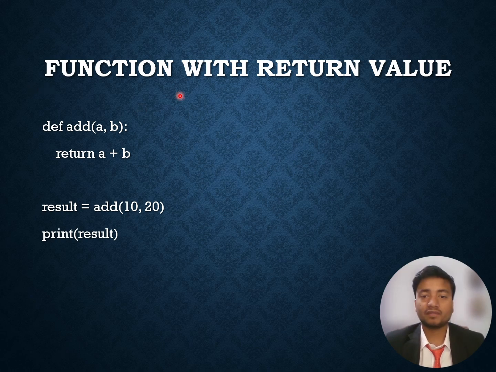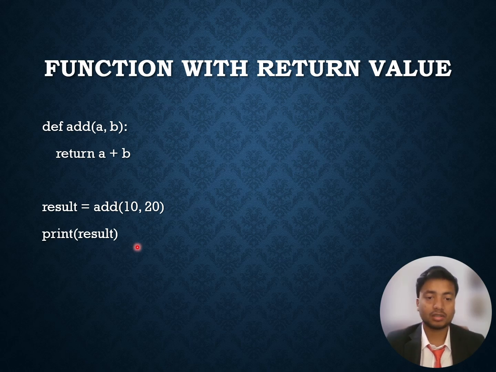Here we learn about a function with a return value. In this example, we learn how to return a value in Python using a function. Here we define add and give two parameters, a and b. We return a plus b. Result is equal to add(10, 20), where 10 is a and 20 is b.